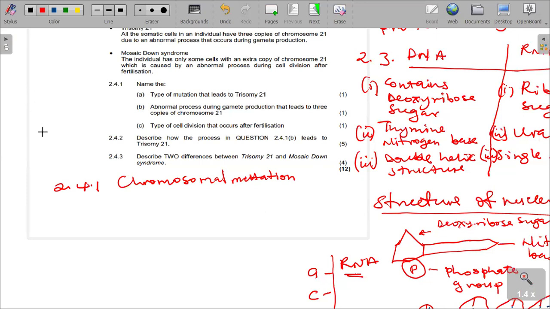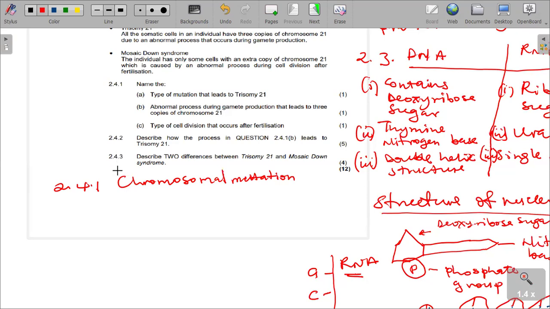And then the next question is about the abnormal process during gamete production that leads to 3 copies of chromosome 21. Name the abnormal process that leads to that.